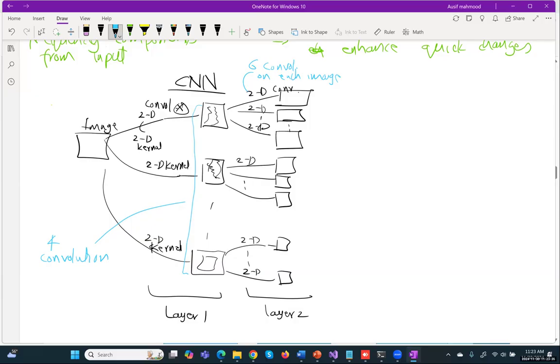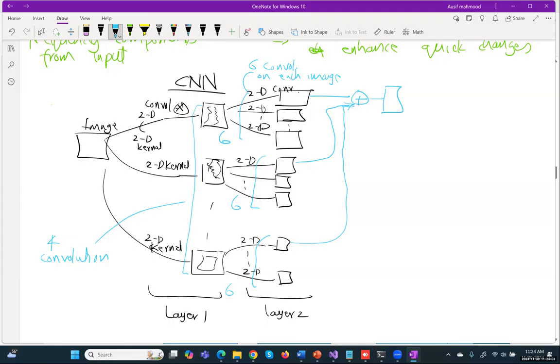In layer 2, let's pretend we did 6 convolutions over here, 6 over here, 6 over here. We'll take the first of the 6 and add it to the first of the others, and this will produce 1 result.